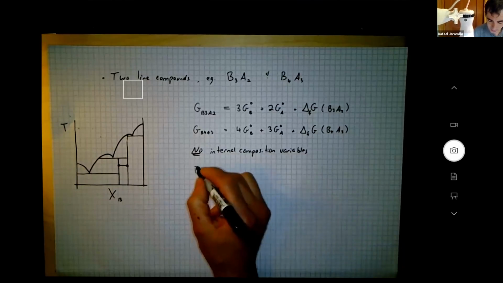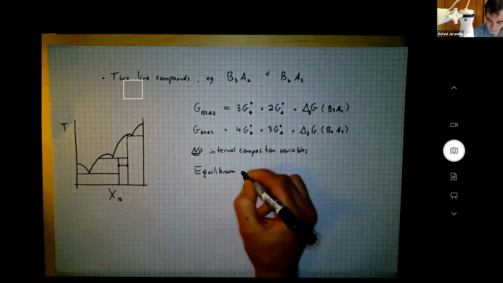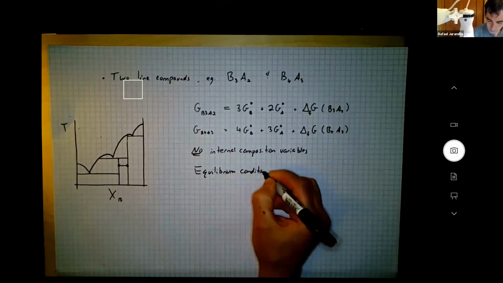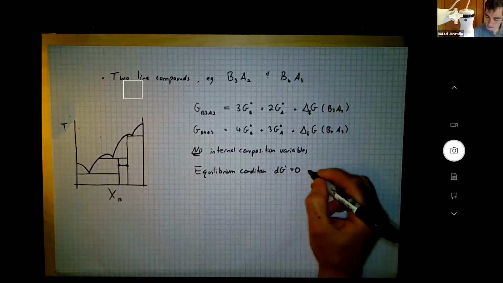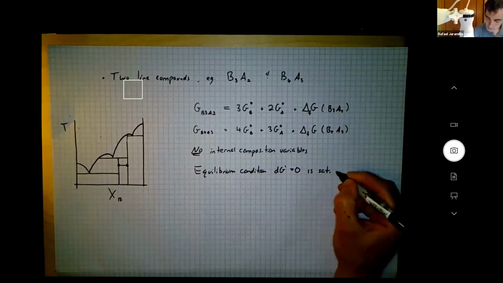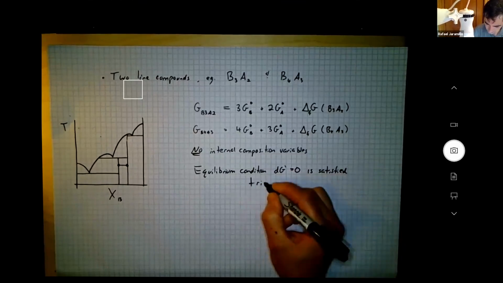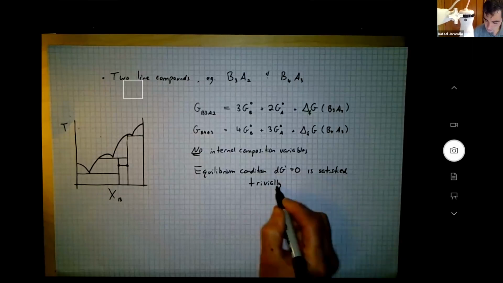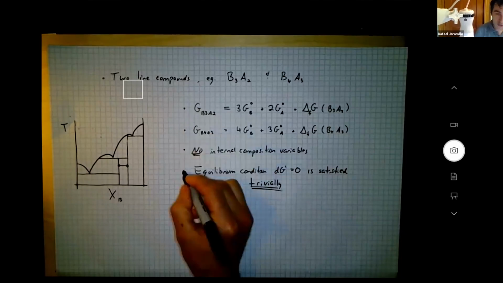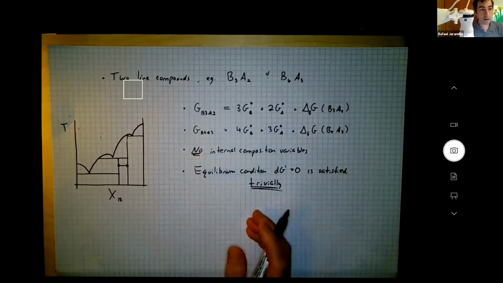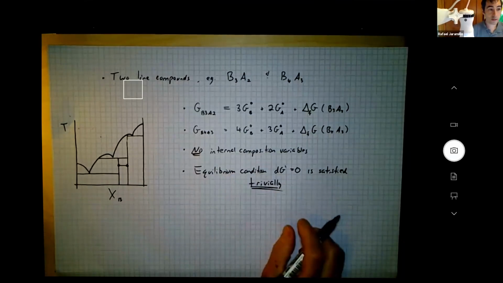What that means is that the equilibrium condition dG equals 0 is satisfied trivially. There's no need to do common tangents. There's no need to equate the chemical potentials because there are no internal composition variables. The compositions aren't changing.